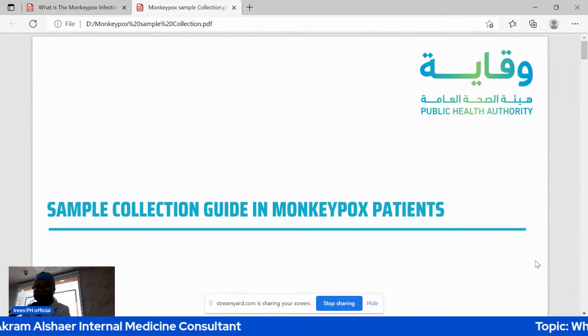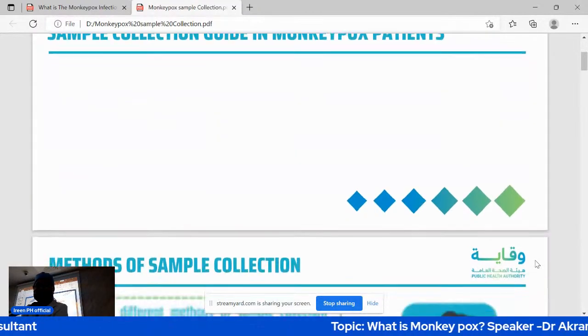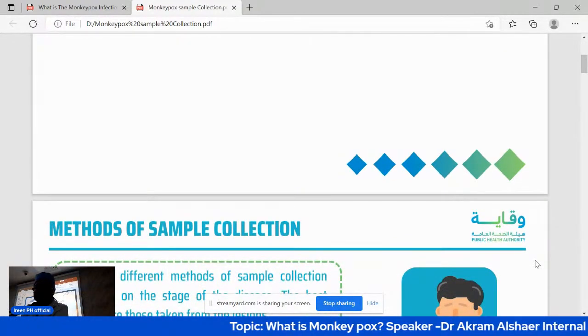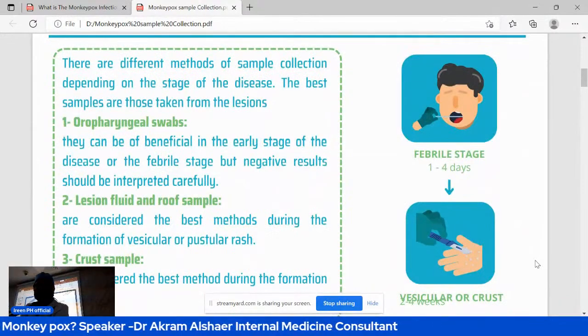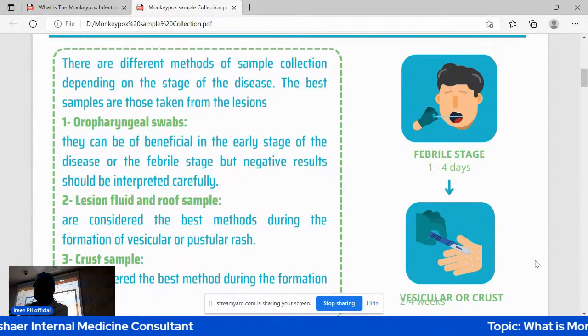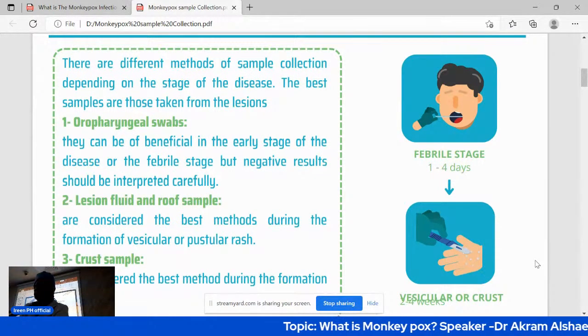This is from the Public Health Authority given to us. The methods of sample collection: there are different methods depending on the stage of the disease. The best samples are those taken from the lesions.